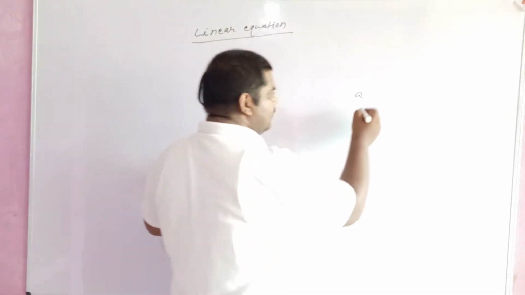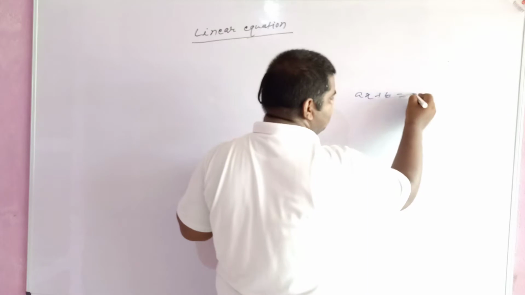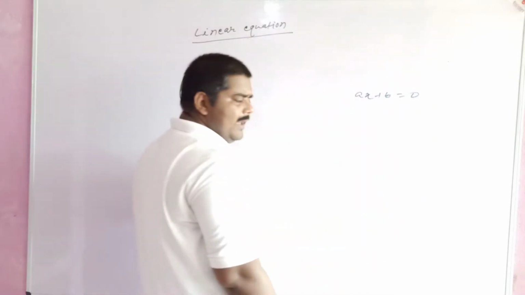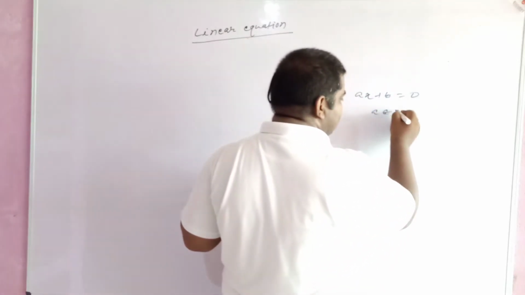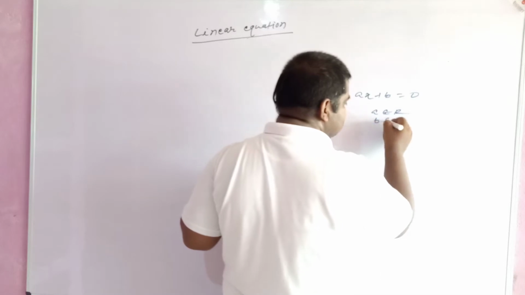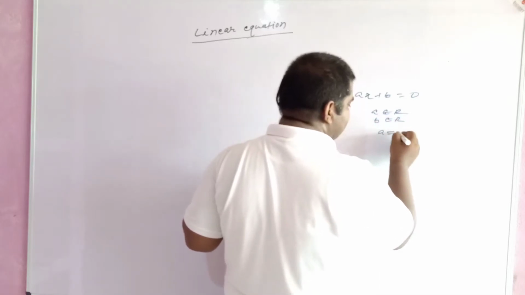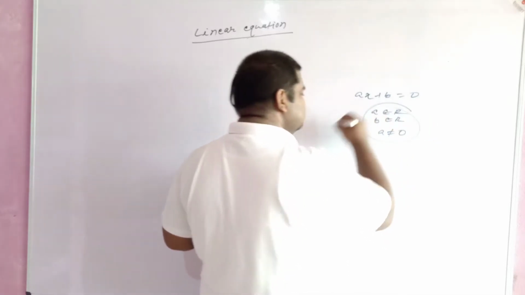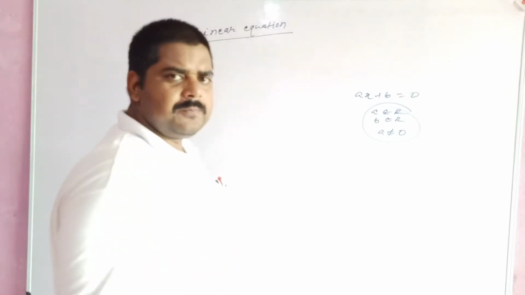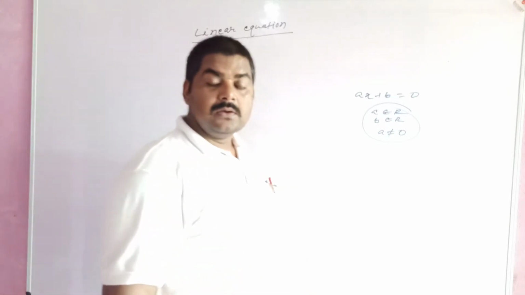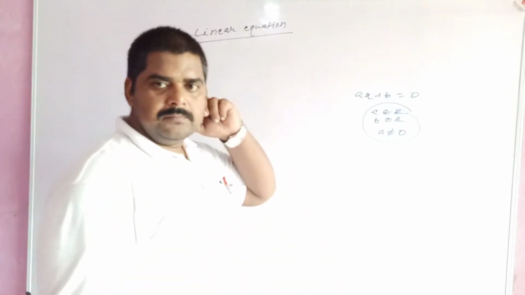What is the general form? ax plus b is equal to 0, where a and b both are real numbers, and you know very well that a cannot be equal to 0. That is the definition of linear equation in one variable.